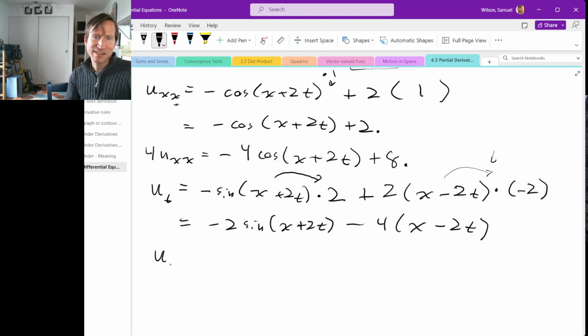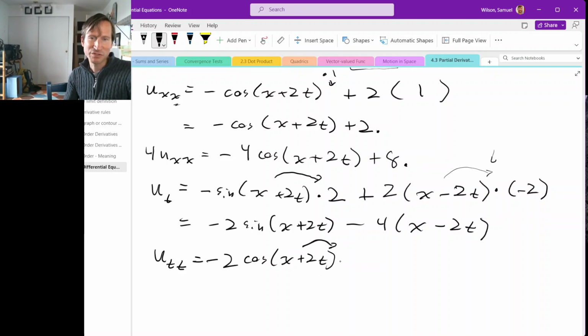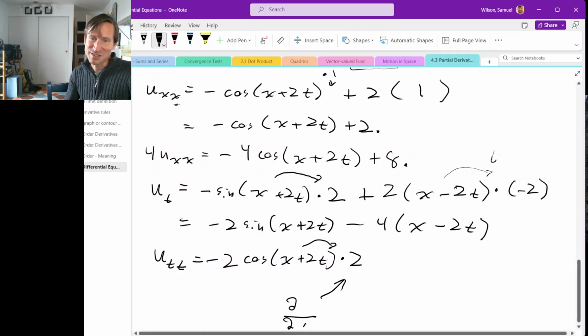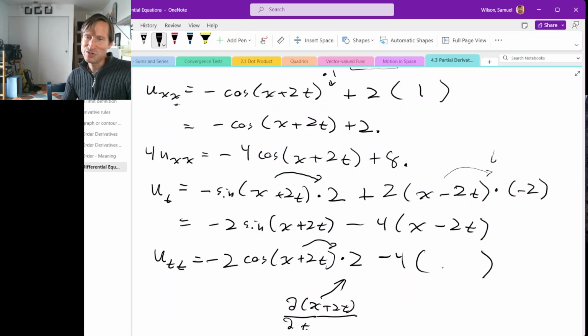Okay, now we can calculate the second derivative in the t direction. Minus 2 cosine of x plus 2t, and then don't forget the chain rule, multiply by the derivative of the inside. That spits out another 2 because we're differentiating with respect to t. So that gives a 2, minus 4 times the derivative of x minus 2t with respect to t, that's minus 2.